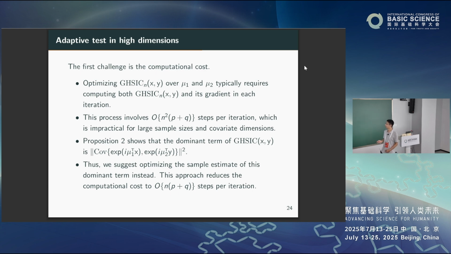So this suggests that we can optimize the leading term instead of the entire generalized HSIC in high dimensions. This approach will reduce the computational cost to big O n times p plus q steps per iteration. So this will greatly reduce the computational cost.